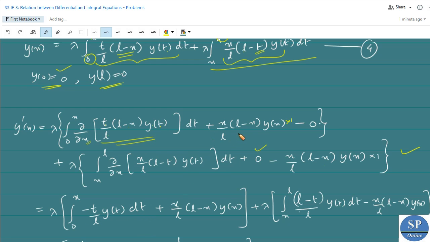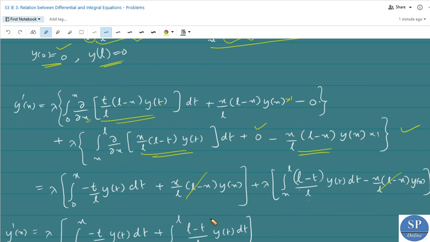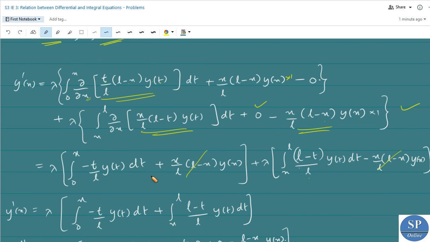Plus, here is x/L (L − x) y(x), and the derivative of the other term with respect to x is (L − t)/L y(t). Here also we have minus x/L (L − x) y(x) in both places, so we can cancel those terms.